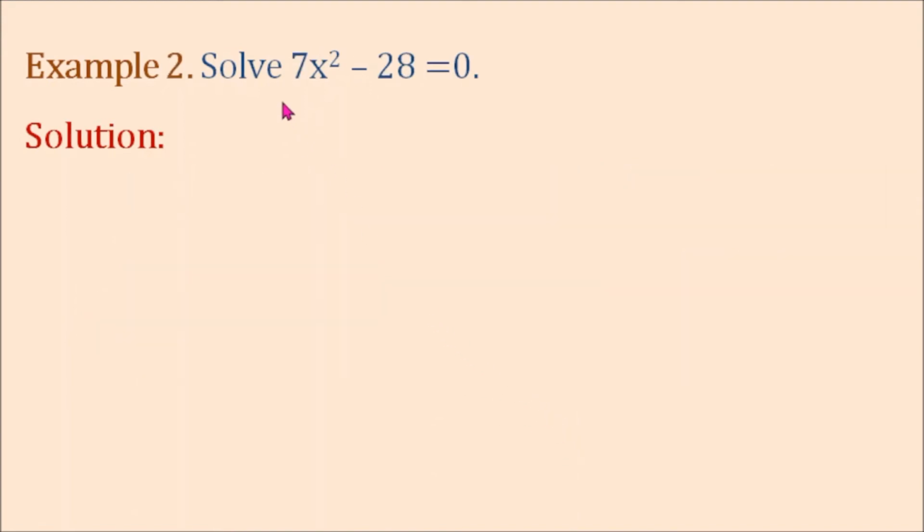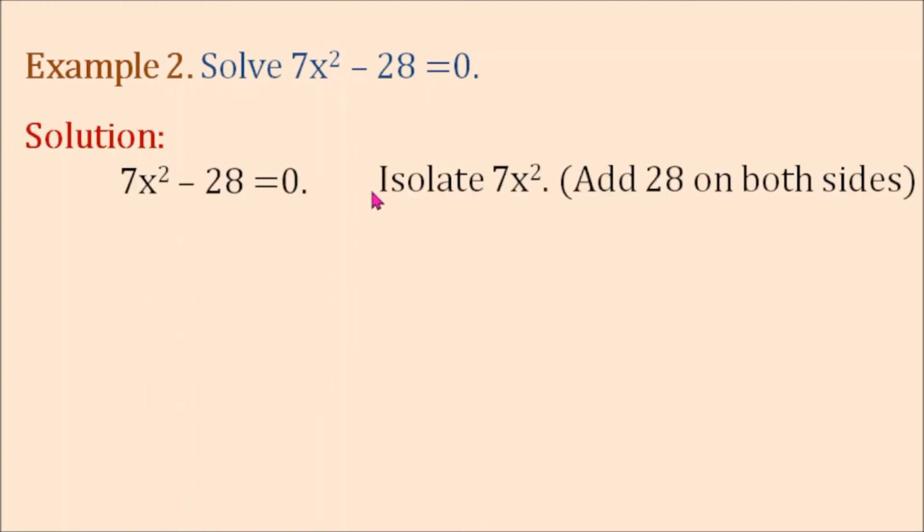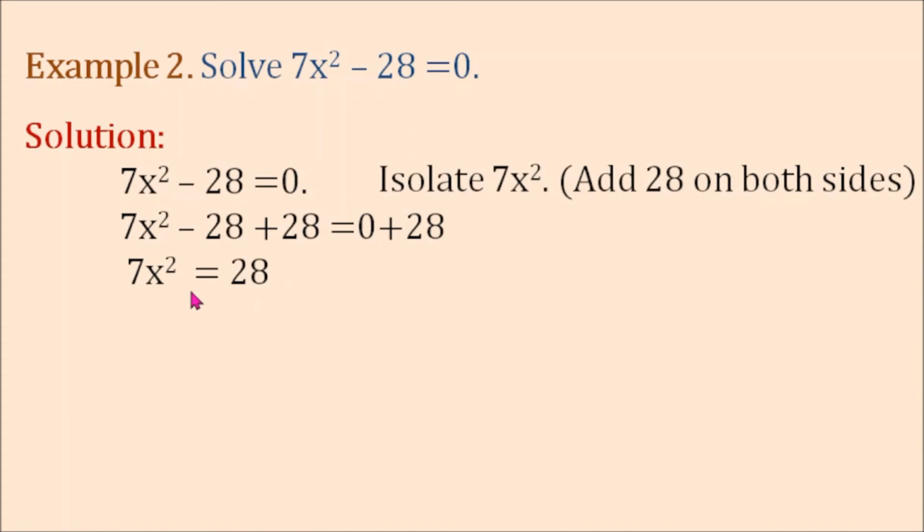Example number 2. Solve 7x squared minus 28 equals 0. Now here we are going to isolate 7x squared by adding 28 on both sides of the equation. So after adding 28 on both sides, we have 7x squared equals 28. Then we divide both sides by 7.